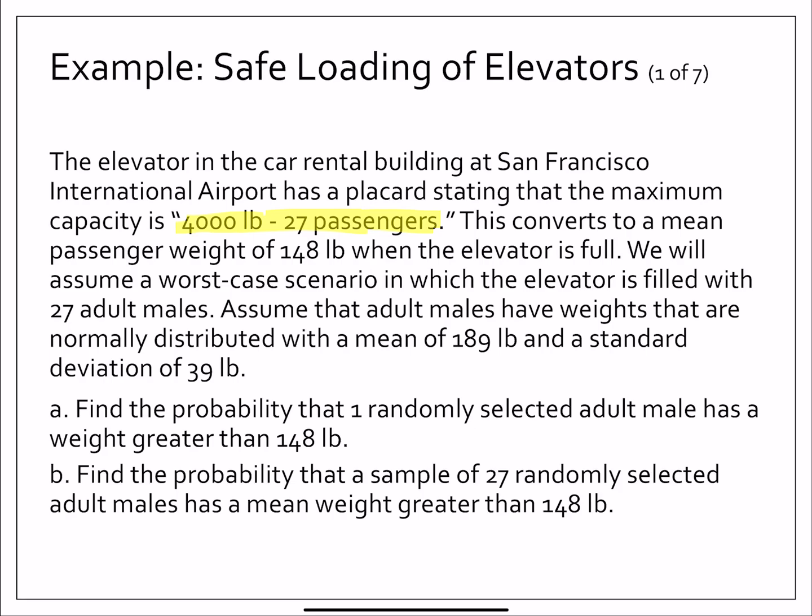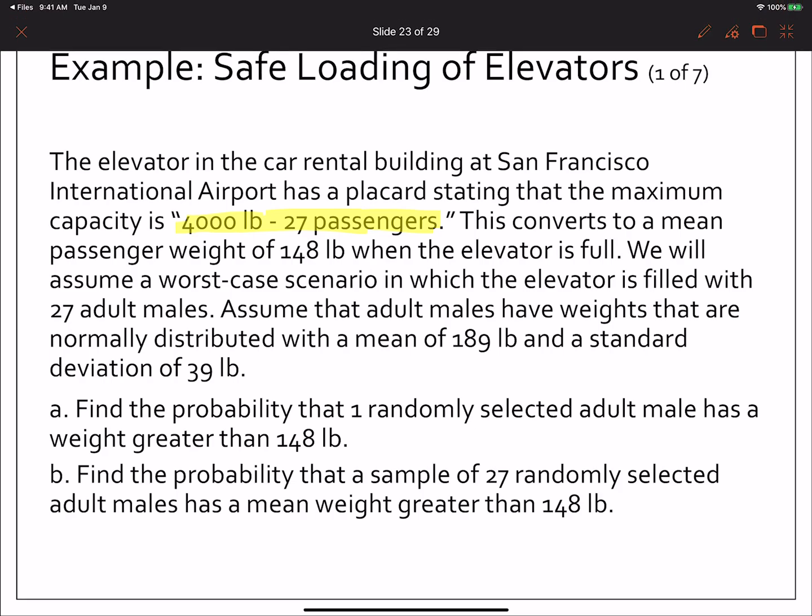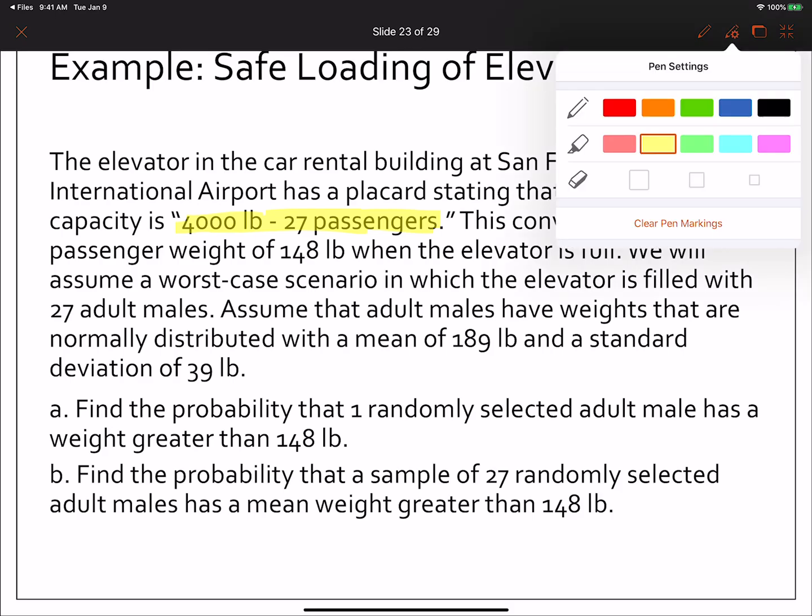So the question is, right, if we know on average how much each passenger weighs, right? So if we have 27 passengers, we can say, okay, well, if the elevator was full, right? The full elevator and couldn't take anyone else. Let me erase this.